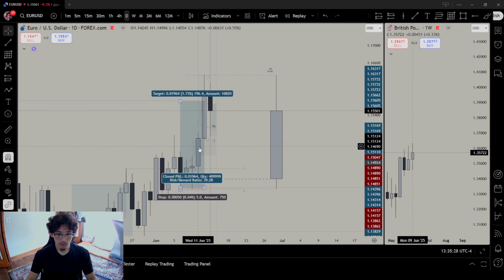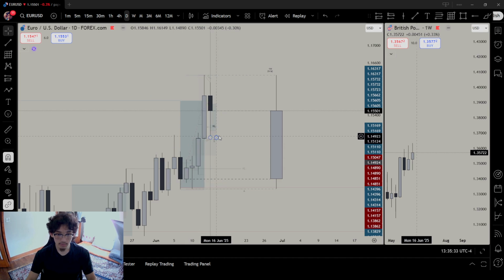At the short term liquidity, we have a daily SMT IRL to ERL, a daily CRT SMT to the upside. So we could first purge out this high, then eventually purge out the weekly CRT high, then go down to the weekly CRT low and tap the weekly order block.